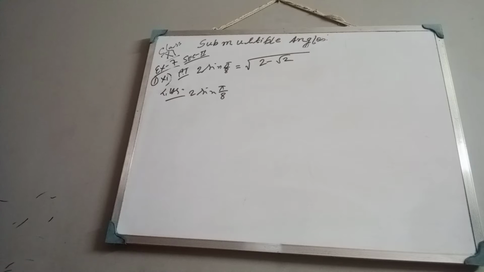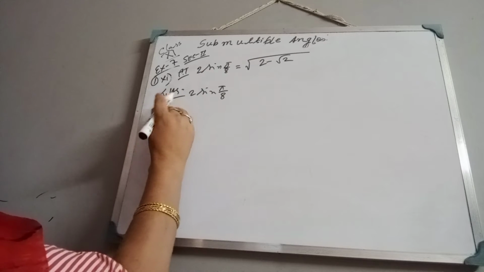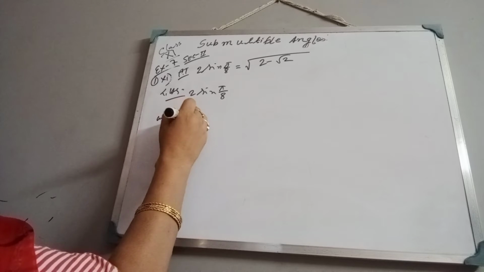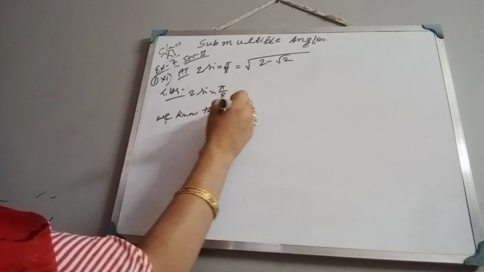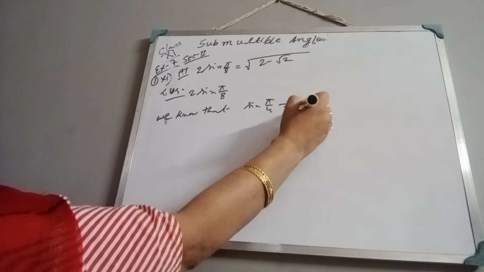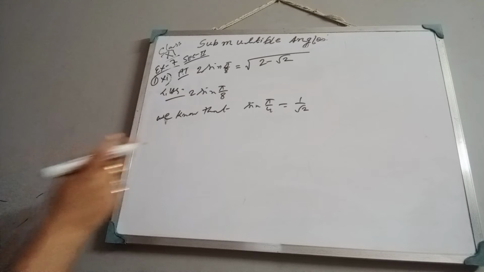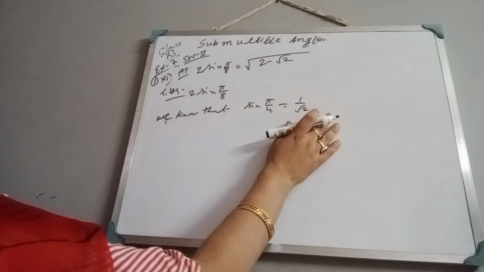Now let's start from, we know that sine pi by 4 is equal to 1 by root 2. Okay. That means sine pi by 4, sine 45 degree, equals 1 by root 2.